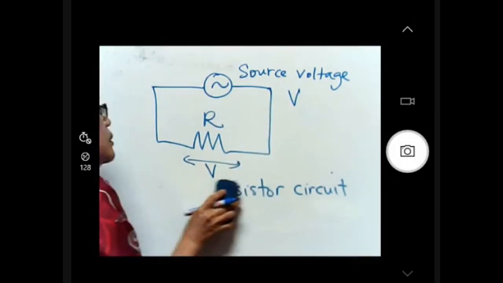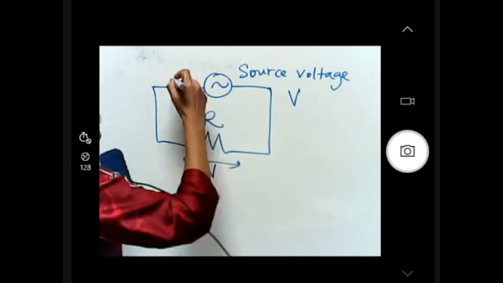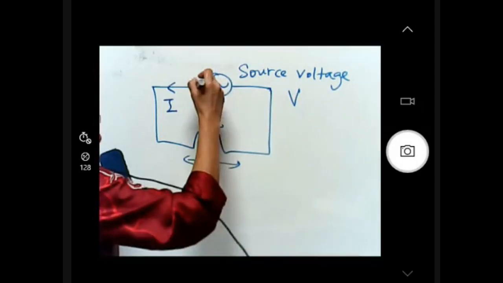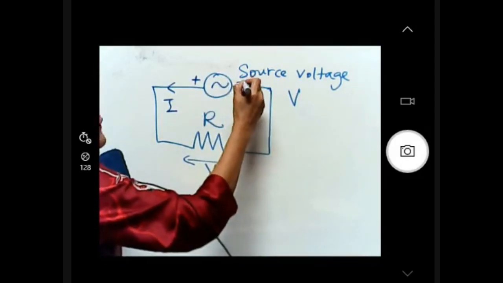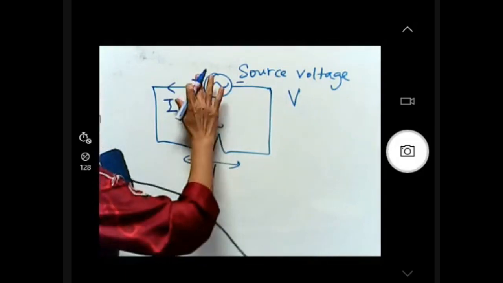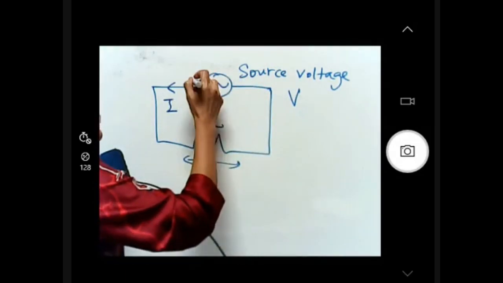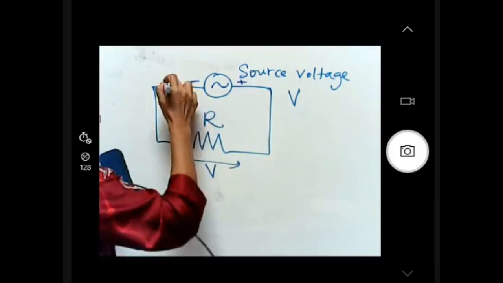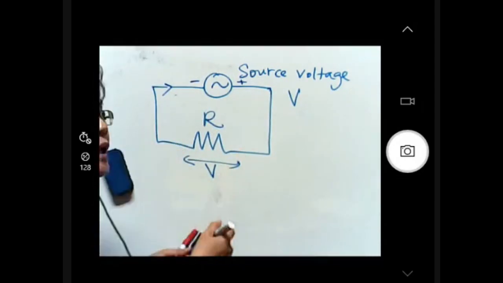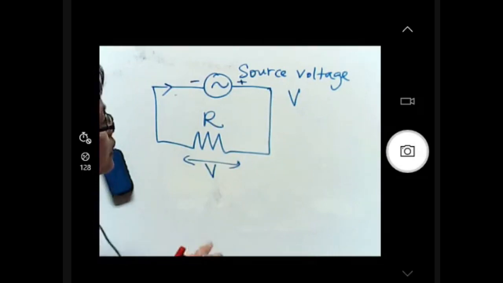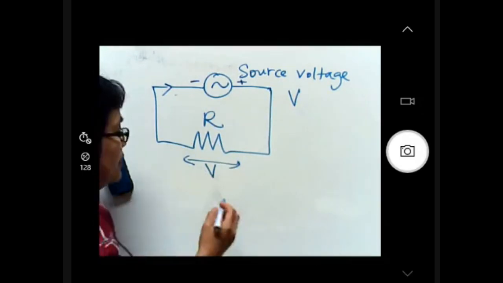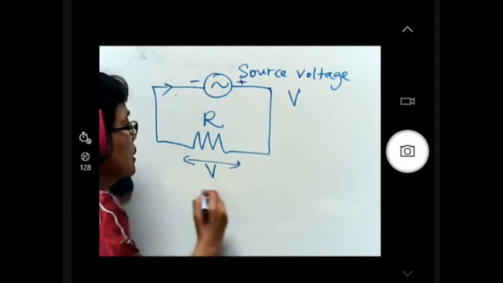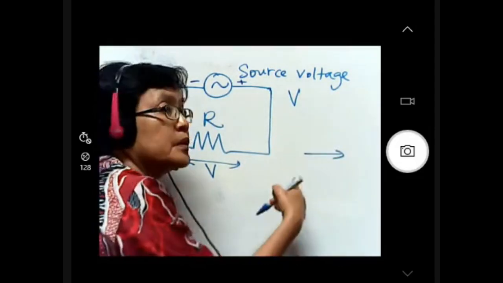All right, so the current that flows in the circuit will be our alternating current. At the first half cycle, maybe the positive terminal is on the left, and for the second half cycle, it will change, so it becomes negative here and positive here, and our current will flow the other way around, and it keeps changing periodically. If I take my current at time t equals 0 seconds, maybe I have my current starting from the equilibrium position.